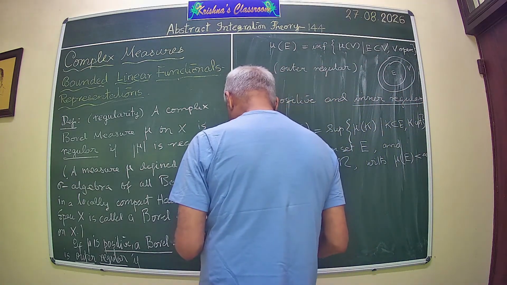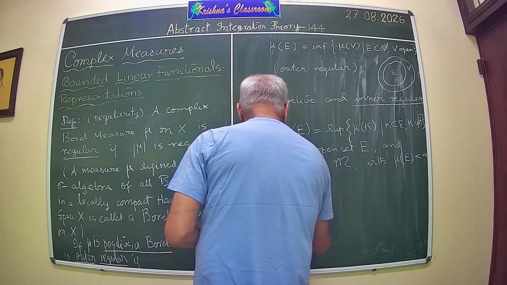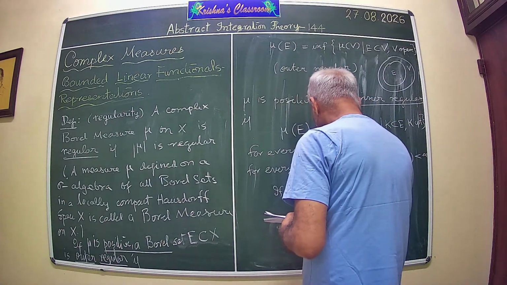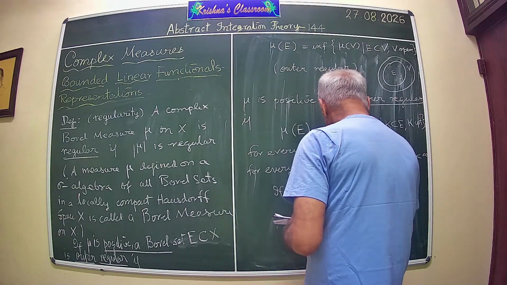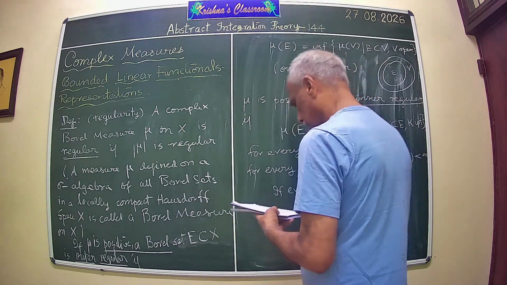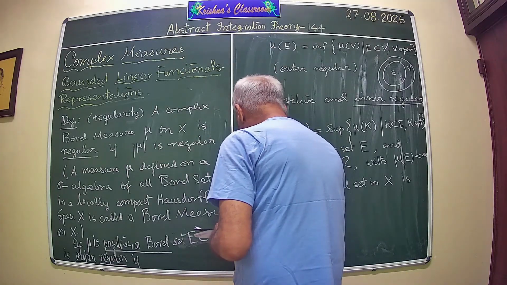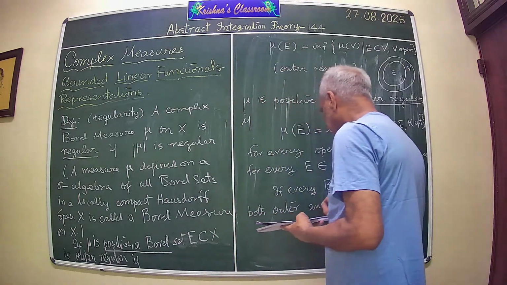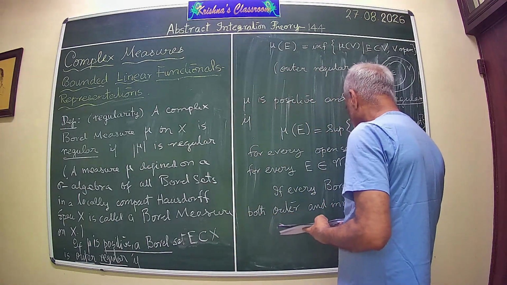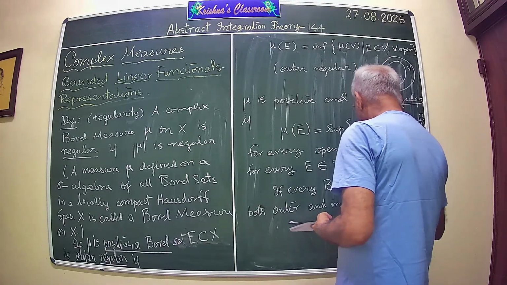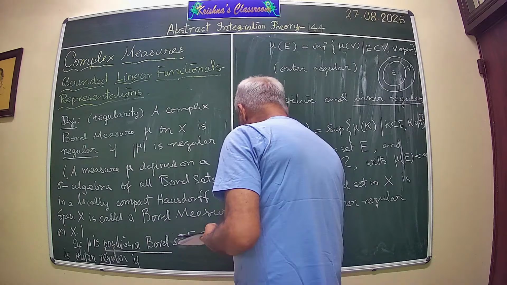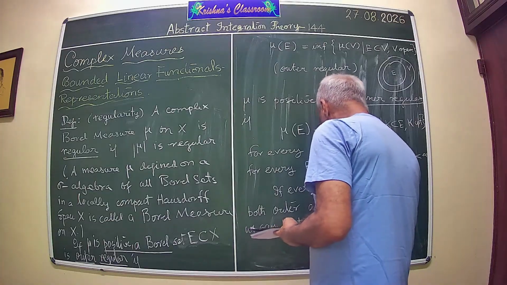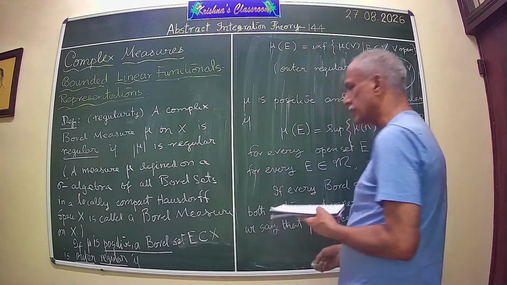So now we can say, if every Borel set is both outer and inner regular, we say mu is regular.